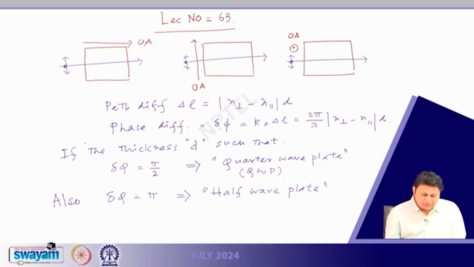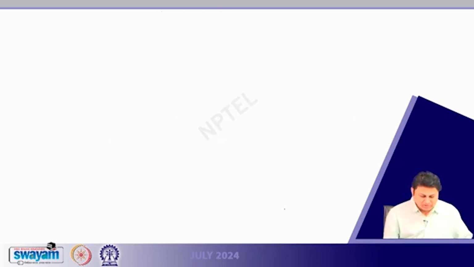Also, one can have the higher order or thicker quarter wave plate or half wave plate. This is the half wave plate, by changing the length.